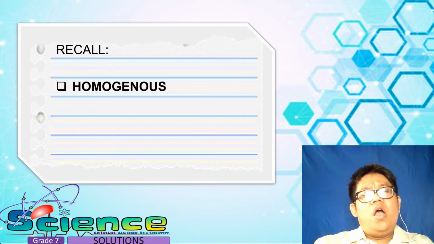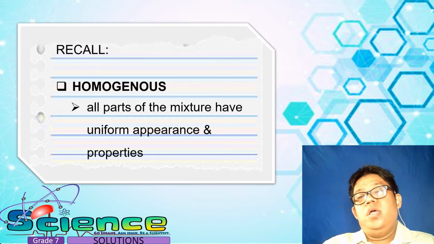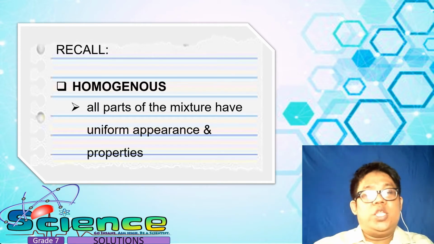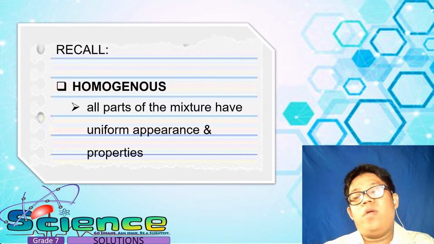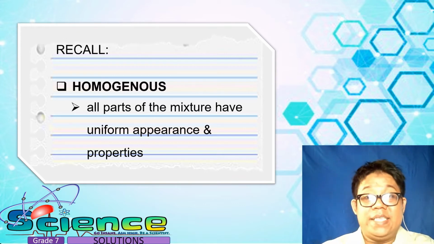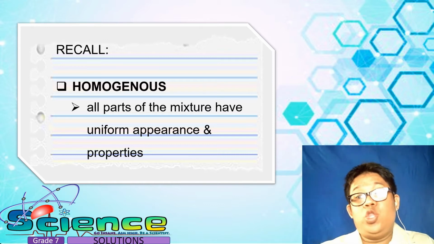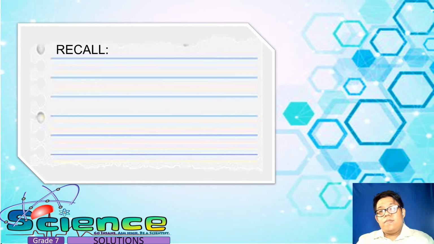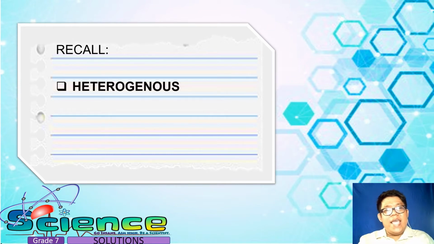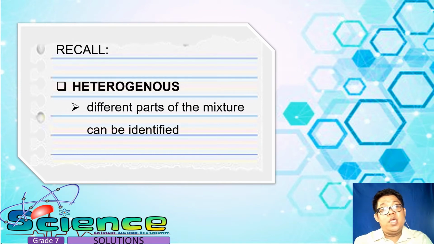A homogeneous mixture is a mixture where all parts have uniform appearance and properties. The solute here is evenly distributed in the solvent. And in a heterogeneous mixture, different parts of the mixture can be identified.